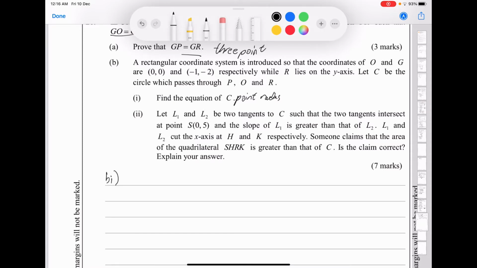So, (x plus 1) squared plus (y plus 2) squared will equal (0 plus 1) squared plus (0 plus 2) squared. And lastly, you'll get this equation, which is the equation of C.